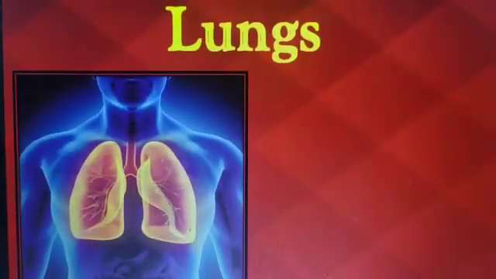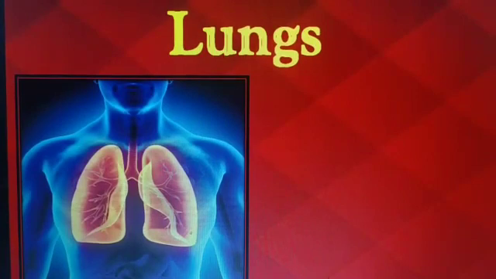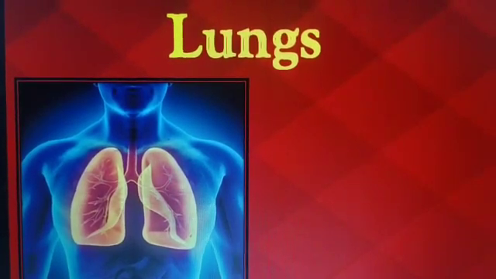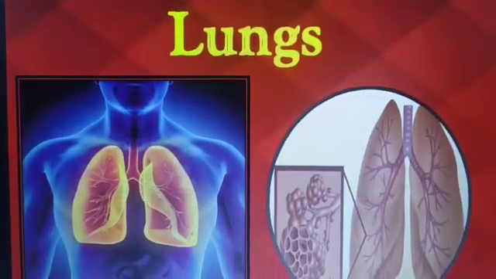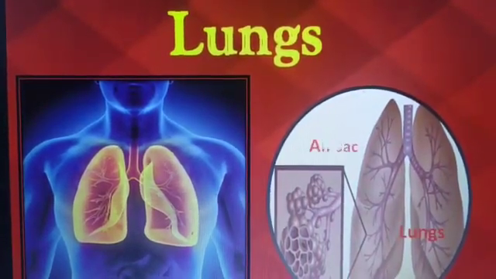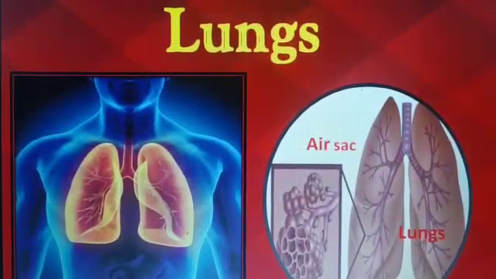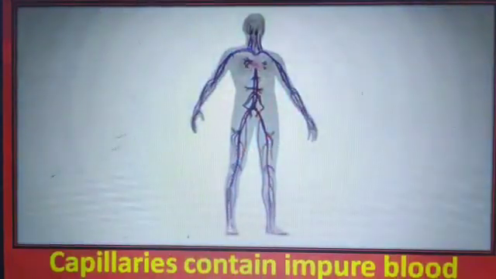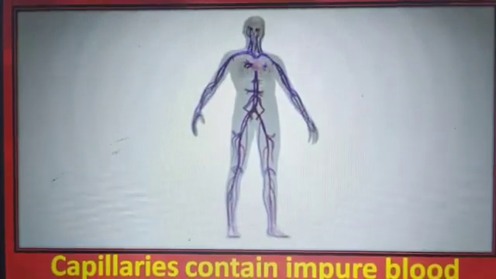Lungs. The lungs are a pair of sac-like respiratory organs that help us breathe. They are made up of thousands of air sacs which look like branches of grapes. Each air sac is surrounded by capillaries. These capillaries contain impure blood brought from the heart.